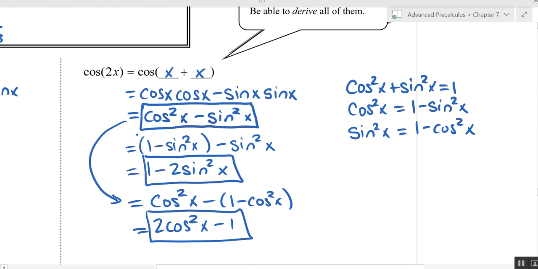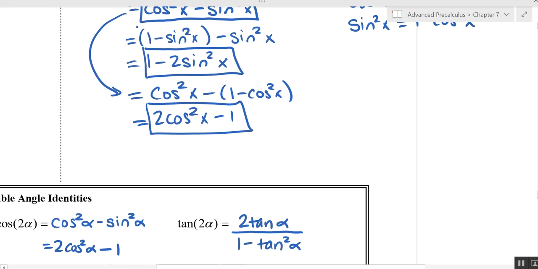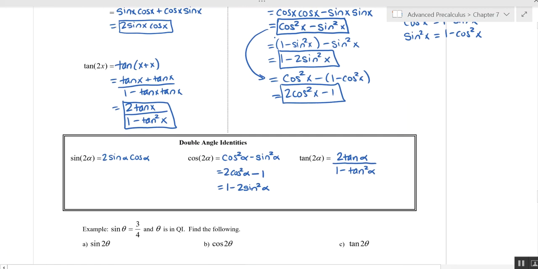And those are the 3 different identities that are the double angle for cosine. I've written those down here. Feel free to pause the video and copy them into your notes as you see fit.